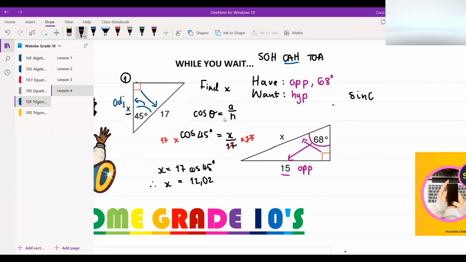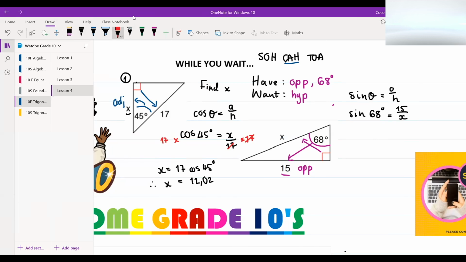Excellent. Sine of theta is equal to opposite over hypotenuse. All right. So I'm going to go sine of, what's my angle? 68 is equal to 15 over x, good.